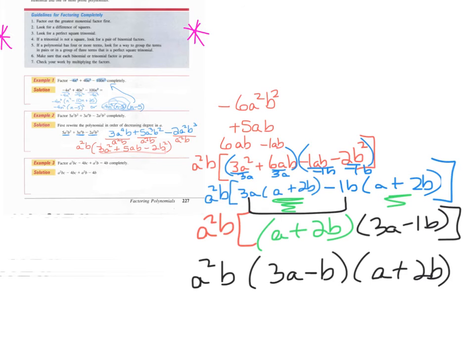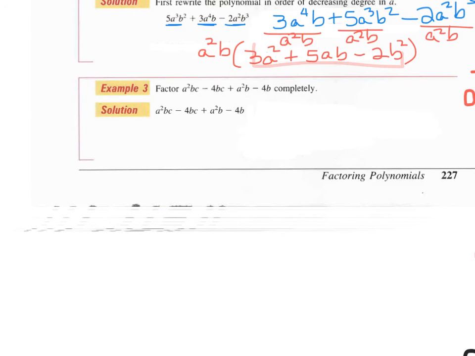Let's try example 3. So on example 3, it says to factor completely. Now, notice this time, it's not a trinomial, it's not a binomial, it's actually 4 terms. So what I'm going to do here is right away, I'm going to factor by grouping. So I need to make my groups.